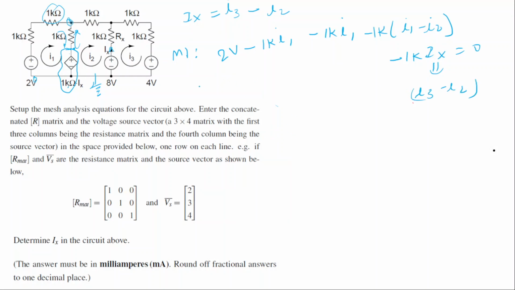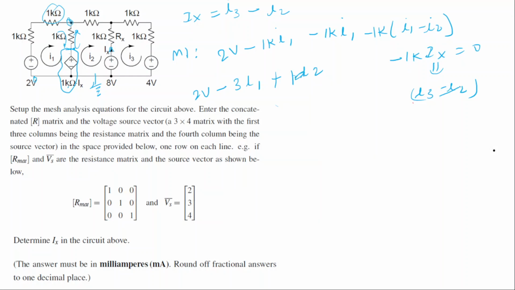Now let's simplify this. 2 volt minus I1, minus 2 times I1, so minus 3 times I1, plus 1 times I2.